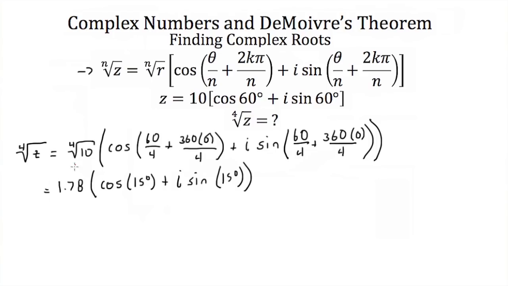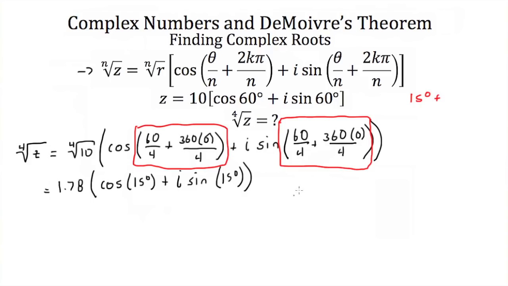Now we're going to end up with pretty much the same thing for our second solution, except our angle is going to be a little bit different. If we take this part or this part, they're the same. For our next solution, our k value goes up to 1. So this is going to become 60 over 4, which is 15 degrees, plus 360 times 1 this time over 4. 360 times 1 divided by 4 is 90.